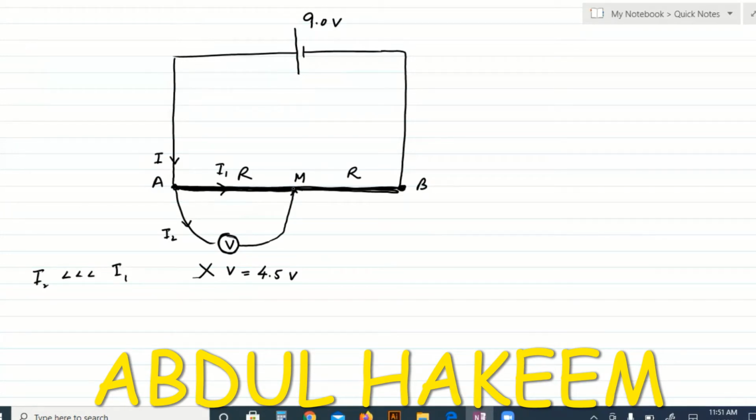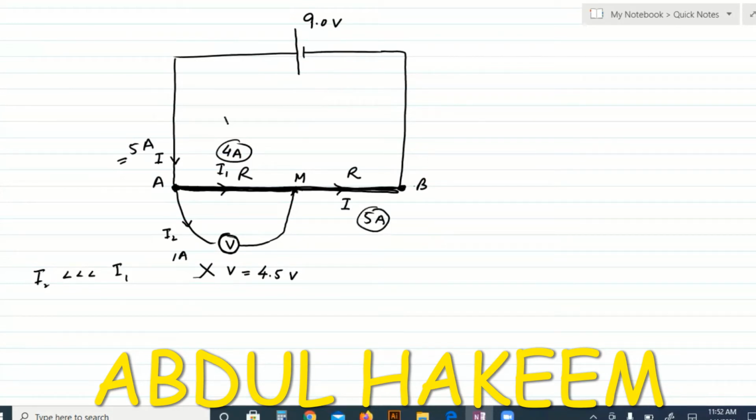And then at the junction M, both currents are added, and from M to B, the current becomes I. For example, this current is 5 ampere, 4 ampere passing through AM, and just 1 ampere passing through this. Then from M to B, the current will definitely be 5 ampere. So due to this junction at A, current between AM and MB is not the same.